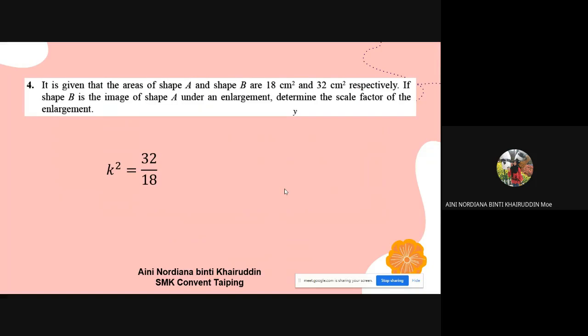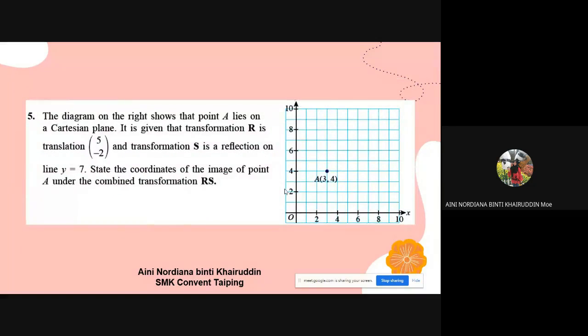Number 4, determine the scale factor. So this is the answer for scale factor, 4/3 and negative 4/3. Question number 5.